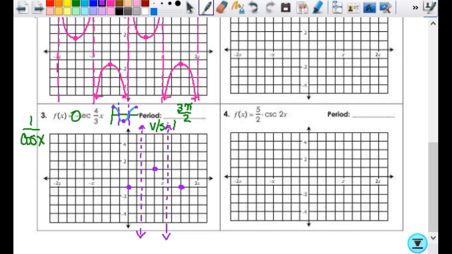Okay, so I end up with an asymptote here. All right, and an asymptote here. Then a point, then an asymptote, a point, asymptote, right? Okay, this point right here is wrong. This point should be up. It's supposed to be alternating.